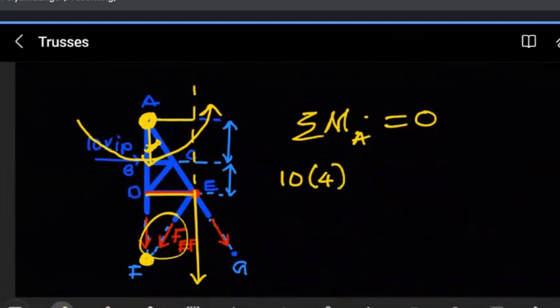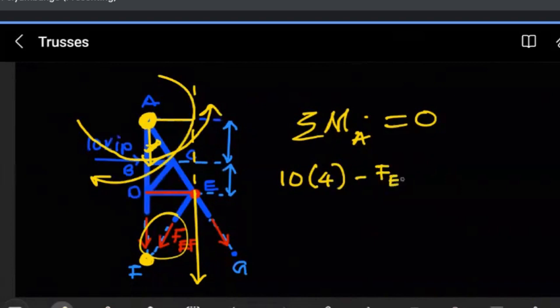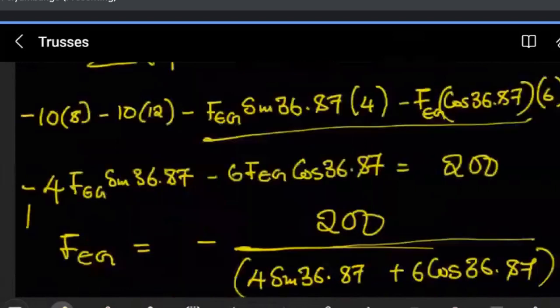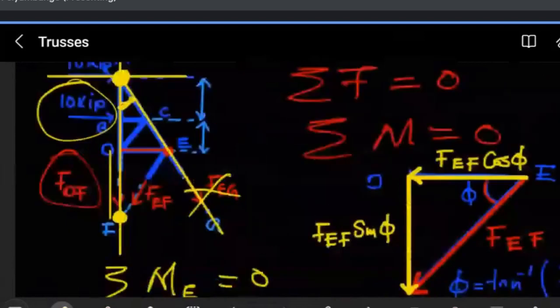In DE, we already found that to be 6. And lastly, that Y component will be causing a clockwise rotation. So it will be like that. Based on that, it is going to be minus, and this is going to be FEF. Remember, the Y component of EF, what did we see it was going to be? It's going to be FEF sine phi.